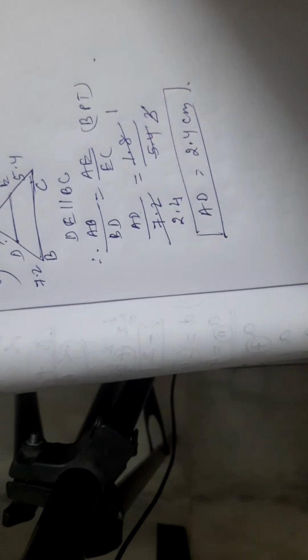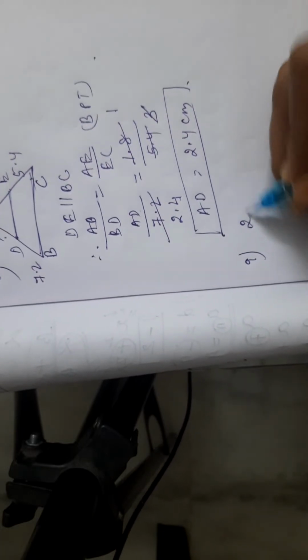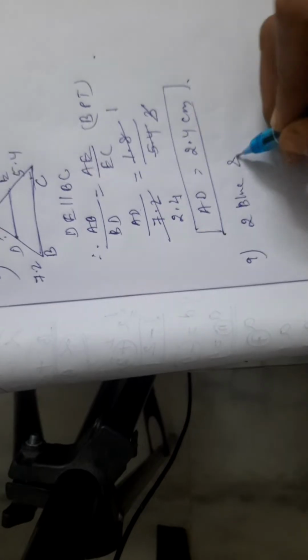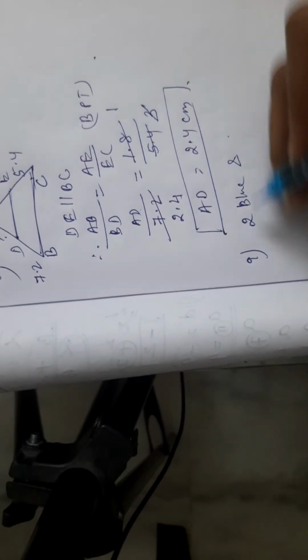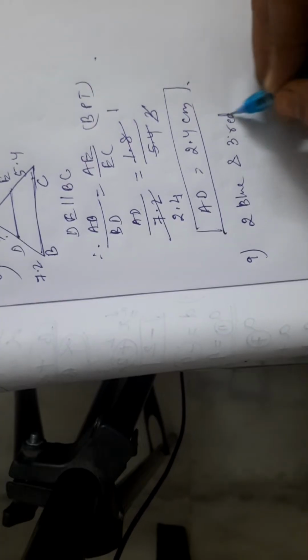Now the next question. A bag contains 3 red and 2 blue balls. If a marble is drawn at random, then the probability of getting a blue marble. So here, the 9th question is given. 2 blue balls and 3 red balls are there.